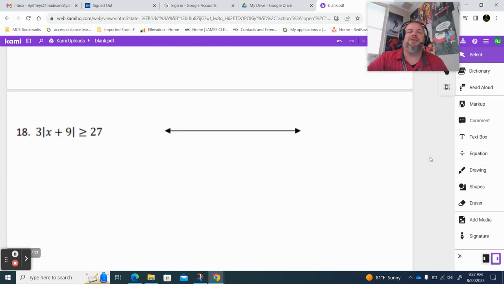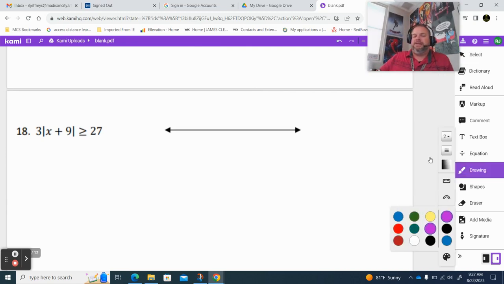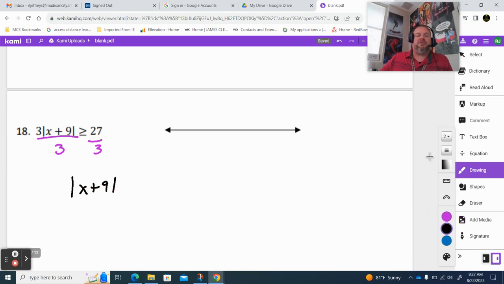All right. Number 18. What's the first thing you have to do on number 18? And no, it's not cry. Yeah. We got to divide both sides by 3. Before we ever do anything else, we got to divide both sides by 3.